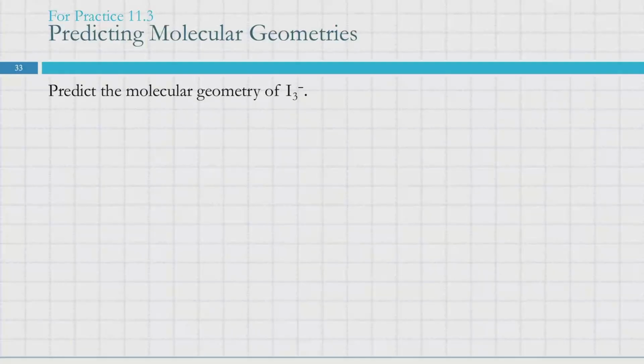Try doing the molecular geometry of I3 minus. Our Lewis structure for I3 minus. We've got 3 iodines. Let's start off with putting them in a line, 3 with 7 electrons each.